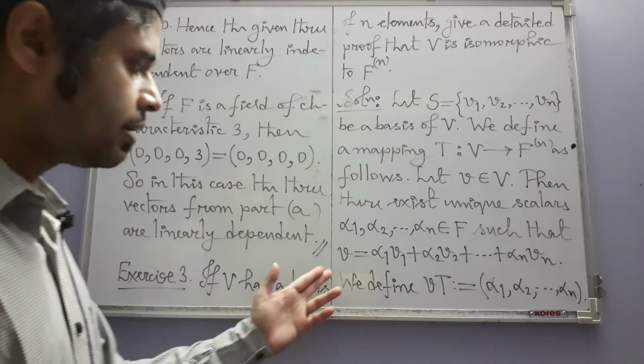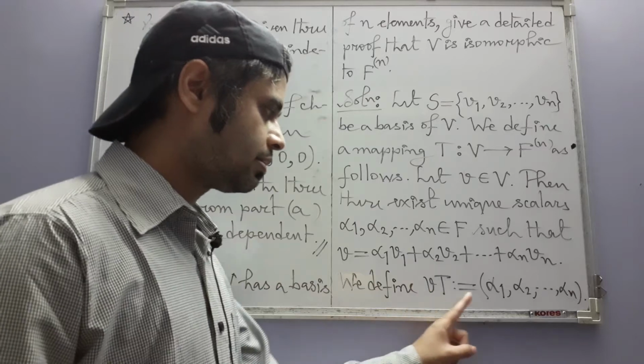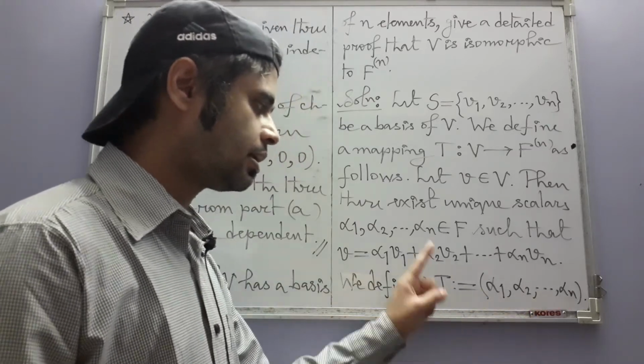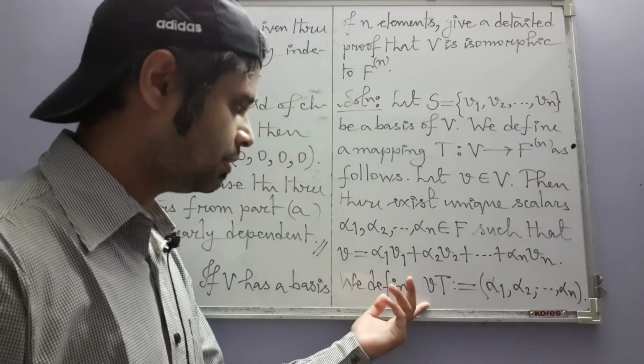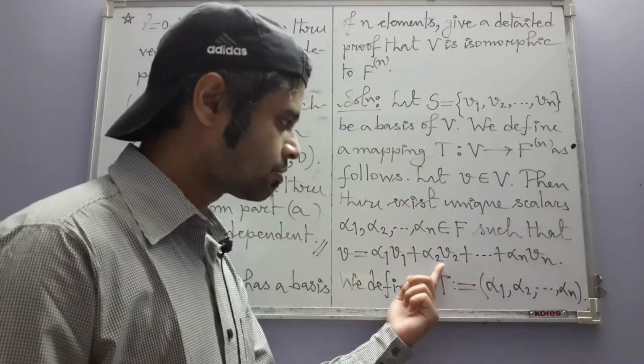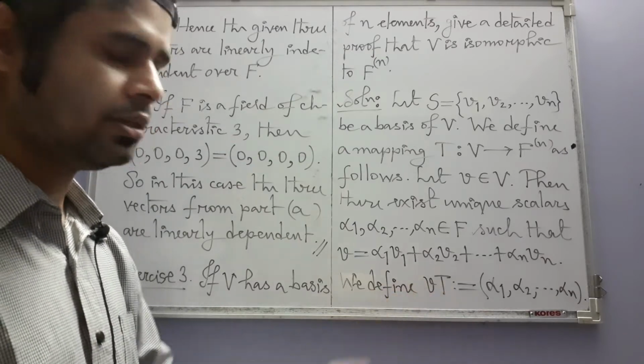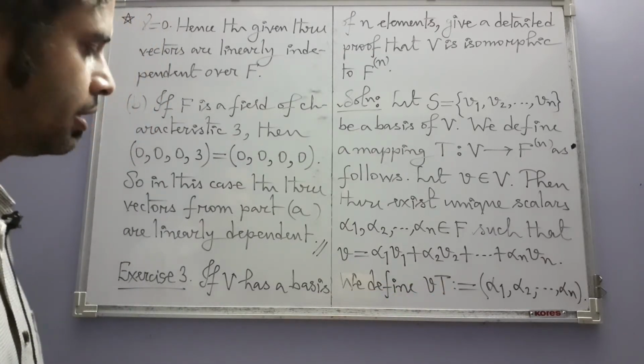Because these scalars are uniquely determined by v, this image is unique, and that is why the mapping T is well defined.